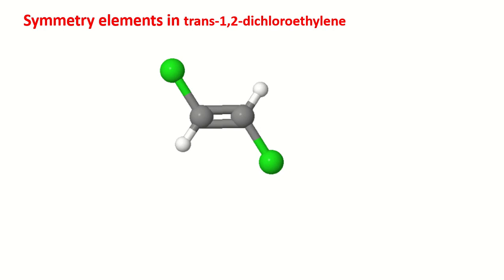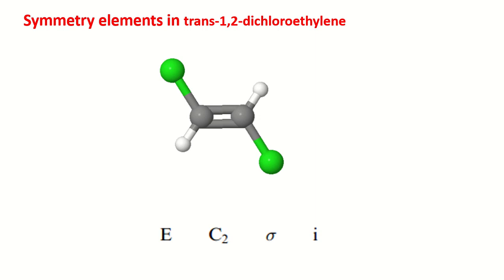I do believe that you people are now quite good at finding the complete set of symmetry operations in any molecule. So I would like to give a quick reply for trans-1,2-dichloroethylene. Here are the symmetry elements present in this molecule: identity, C2, sigma, and inversion center i.